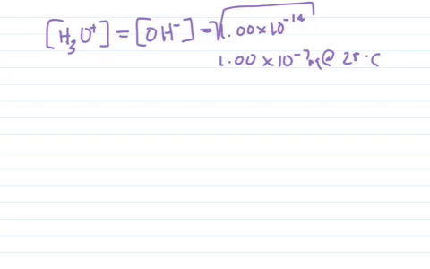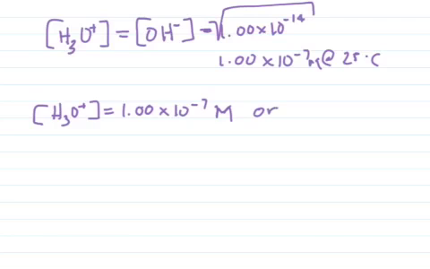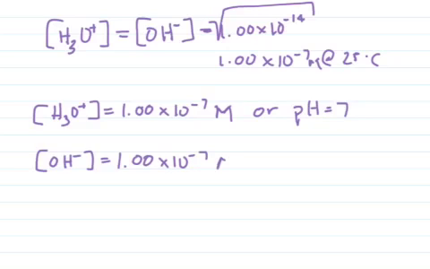So you will need to memorize that hydroxide is equal to 1.00 times 10 to the minus 7th molar, or the pH is equal to 7. Now, how did I get this pH number?